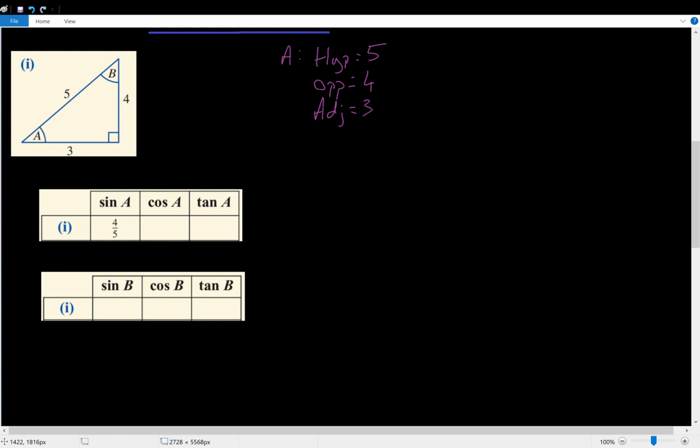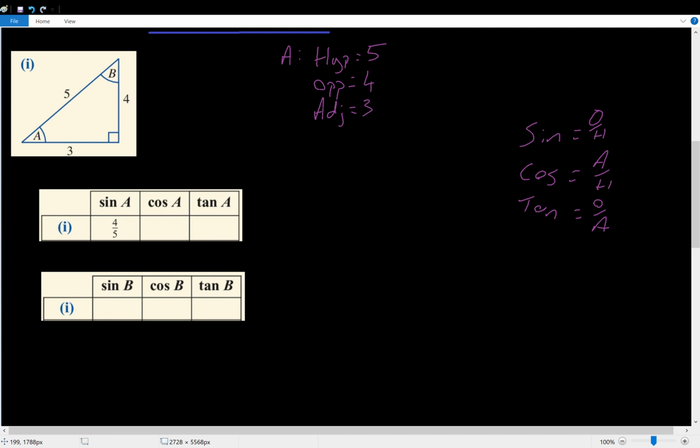And if we remember from above, our ratios for sine, cos, and tan are OH, AH, OA. So sine A is already marked in for us in this. We can see it here. It's opposite over hypotenuse, 4 over 5. Nice and straightforward.